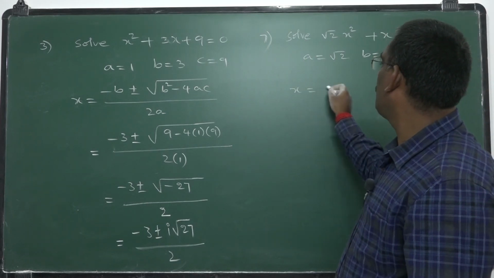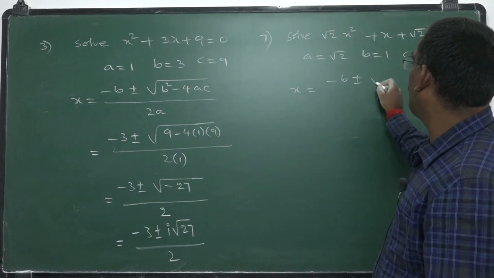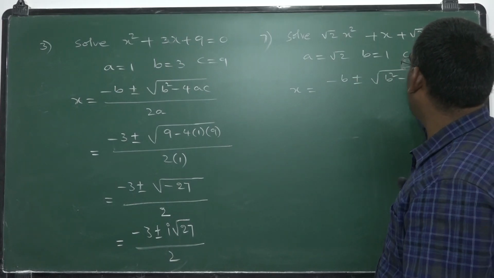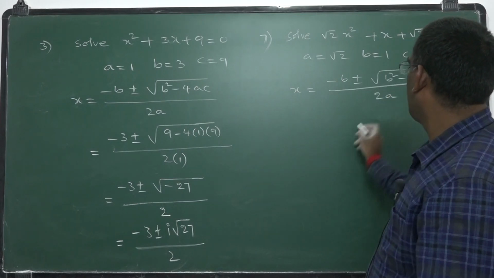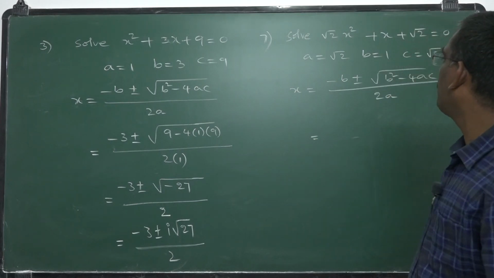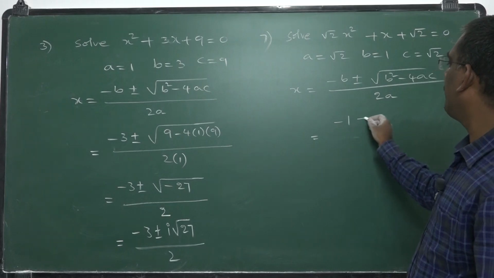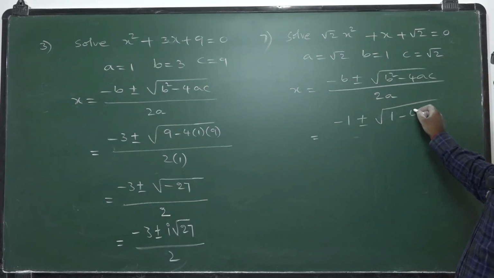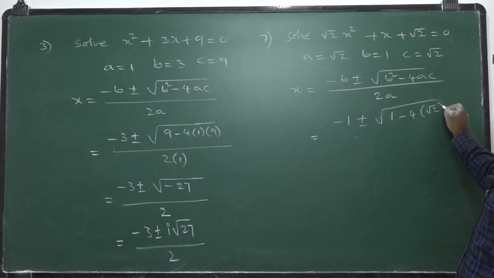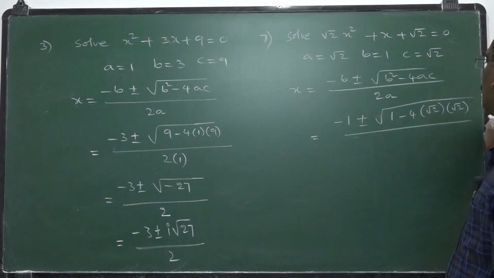So x equal to minus b plus or minus root of b square minus 4ac by 2a. This is equal to minus 1 plus or minus root of 1 minus 4 into root 2 into root 2 by 2a, 2 root 2.